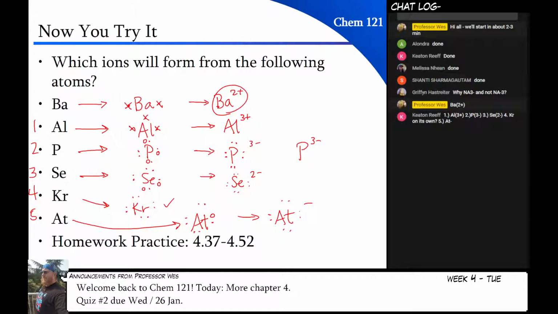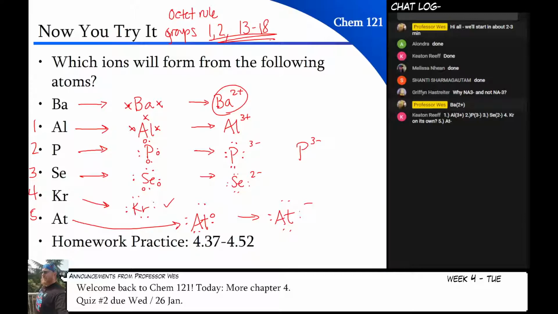So you will never have to draw a Lewis symbol for an element that is not in groups 1, 2, and 13 through 18. Let's write that down. So octet rule is groups 1, 2, and 13 through 18. So you're never going to have to do this process for any element that is not in those groups.